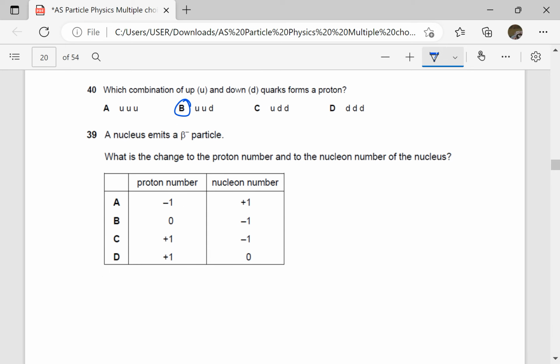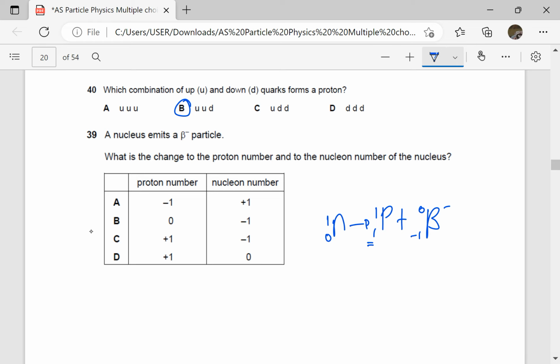A nucleus emits a beta minus particle. What is the change to the proton number and to the nucleon number of the nucleus? Beta minus. So a neutron, N 1 0, gives us a proton, P 1 1, plus beta minus, which is 0, -1. So the proton number increases by 1, the neutron number decreases by 1.